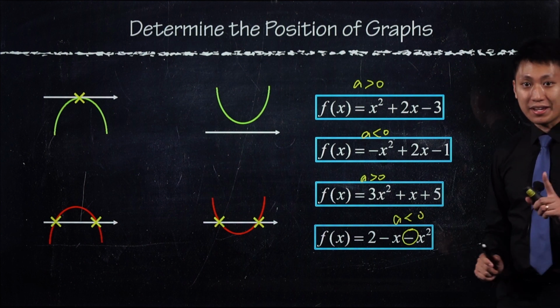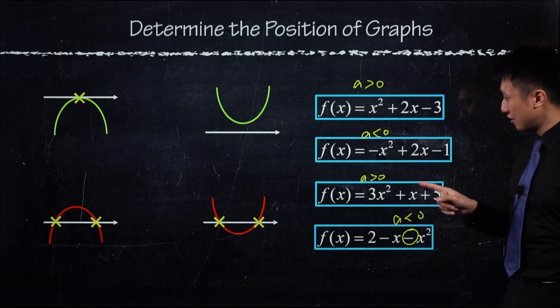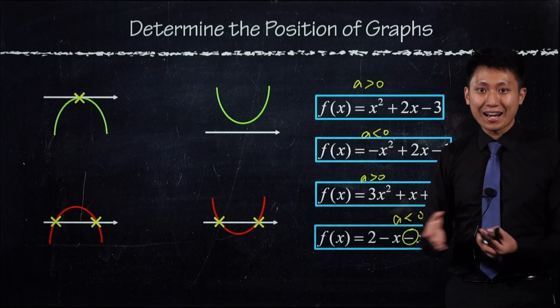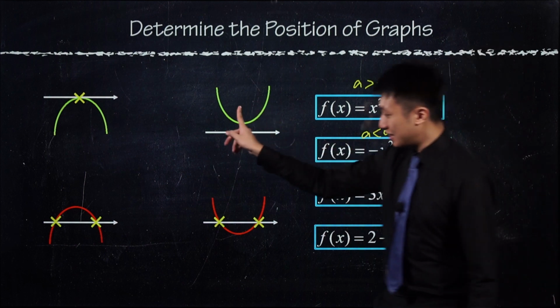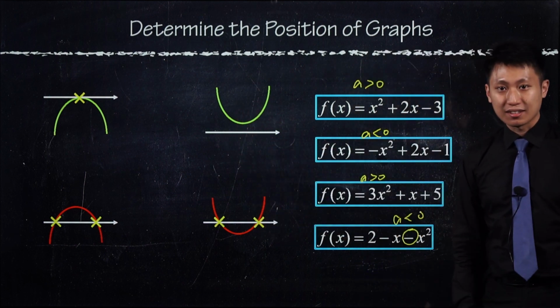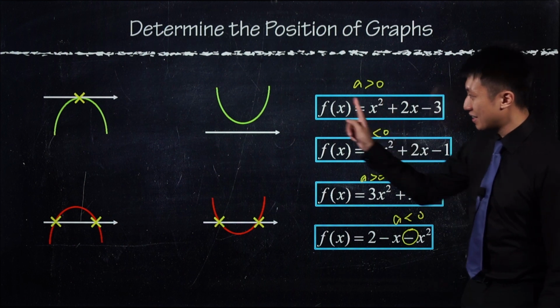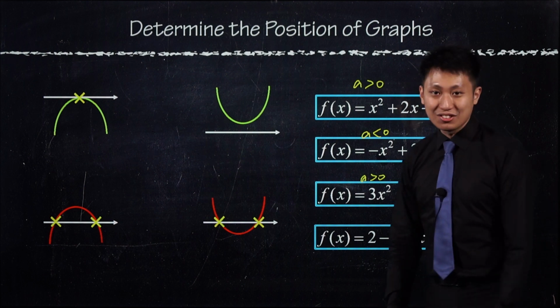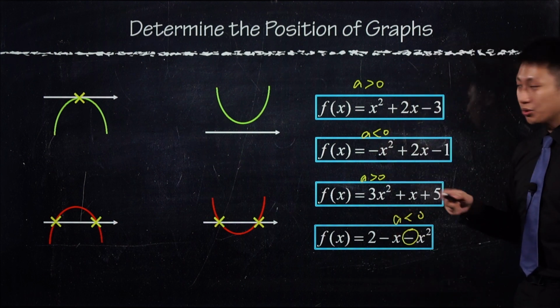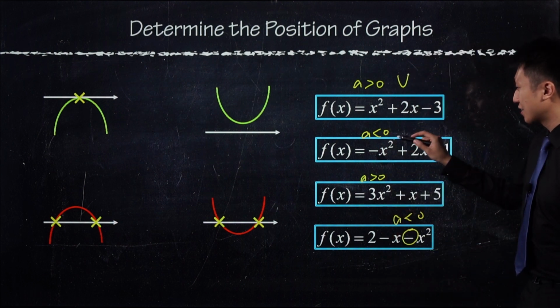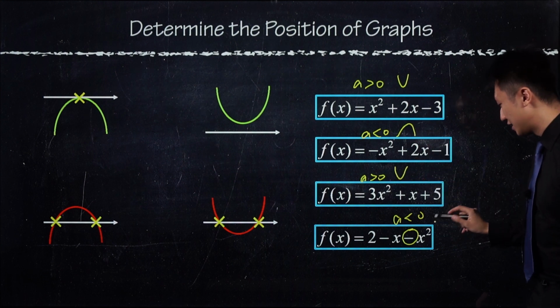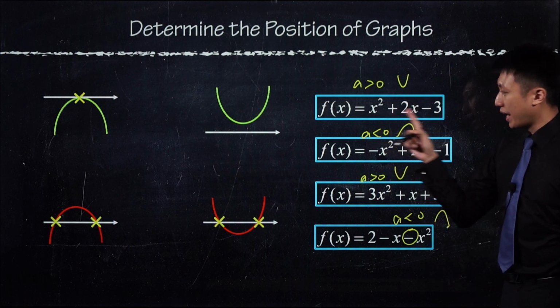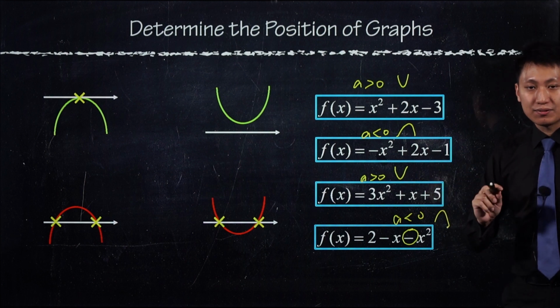So I give you a hint first. You see, bigger than 0 means it's smiling. Smiling means it's either this answer or this answer. Correct? So this one is either this one or this one. So I don't know how to guess, so let's do this and try. This one I write smiling first, this one I write sad, smiling, and this is sad again. What I need to figure out is b squared minus 4ac.